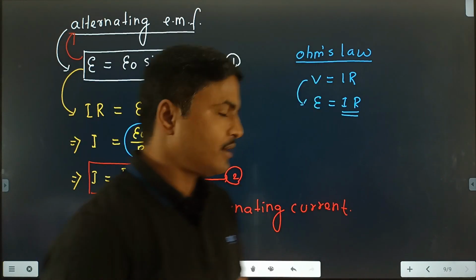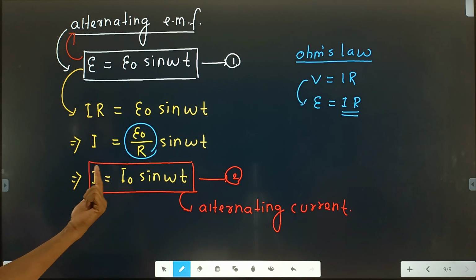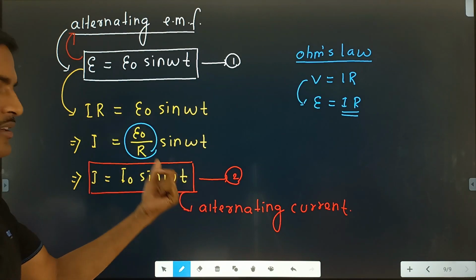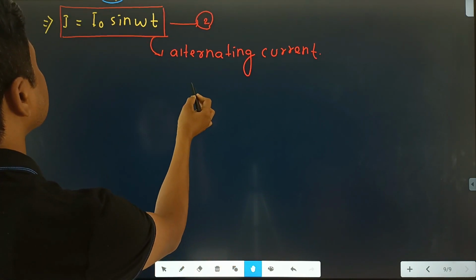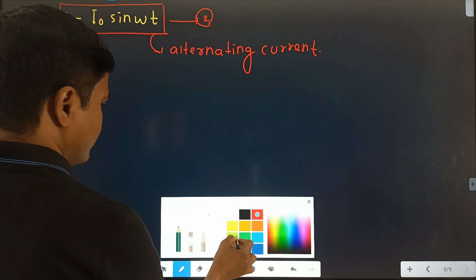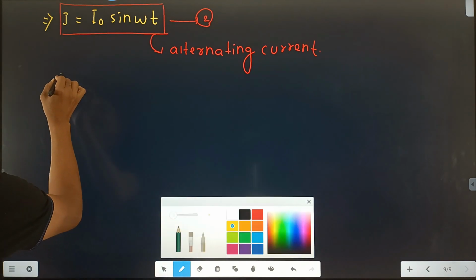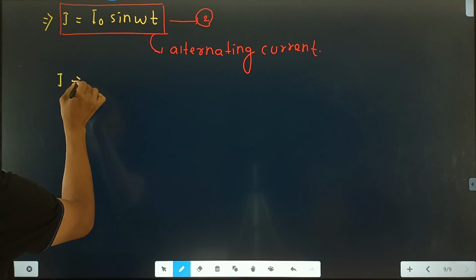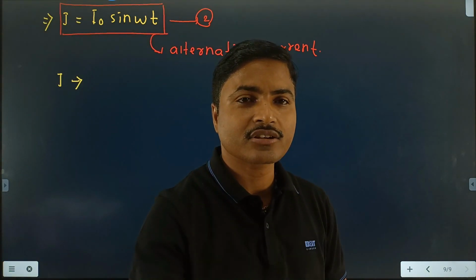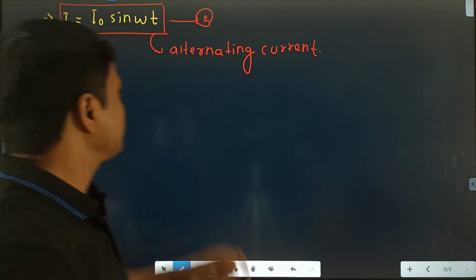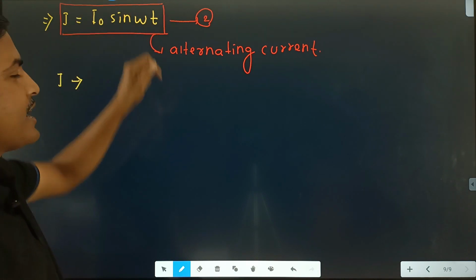Clear? And here, what is I, what is I0, what is omega, and what is omega t? We write I is the alternating current, and that is the instantaneous current. Why? Because I depends on time t.